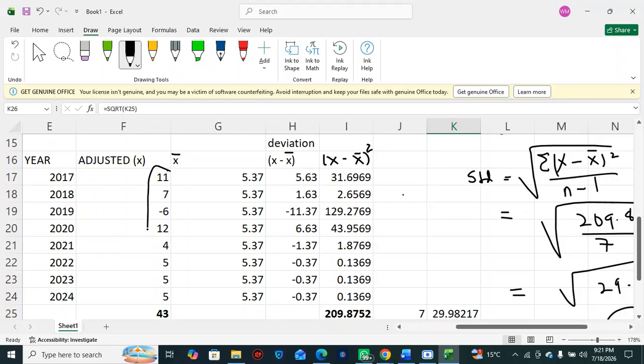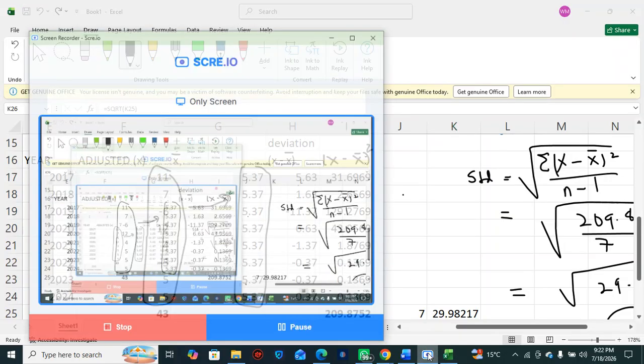These returns, these 11, 5s, and whatever, they're relatively near 5.37. So you expect a small standard deviation. For a conservative investor, this is good because the returns are not fluctuating. Now, if you had a big standard deviation, your returns will be very far from the average. You'll be seeing 20, 30, negative 20, 30. Any questions?